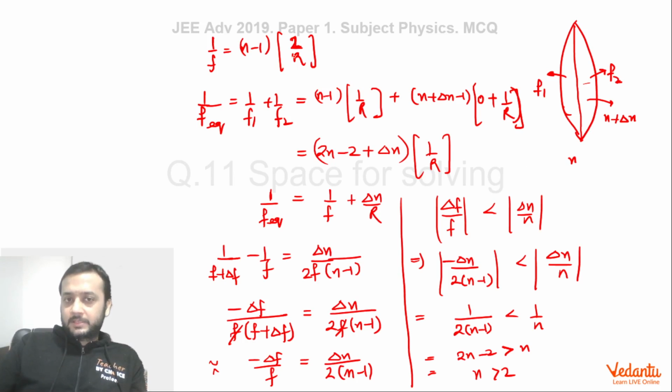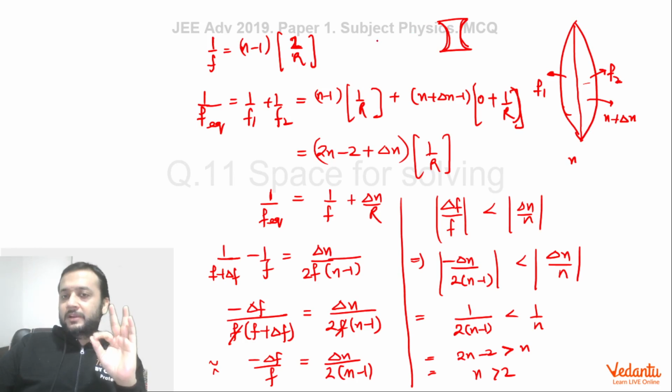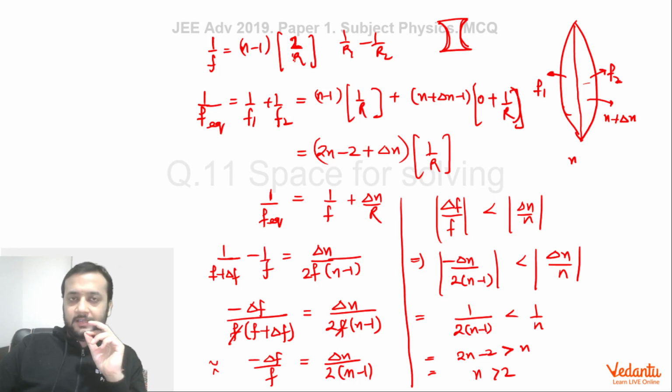Basically, if we would have used concave lenses, please follow what I'm saying. If we would have used a concave lens, then here we would have gotten minus r, correct? Because 1 by r1 minus 1 by r2, where r1 is negative and r2 is positive. So overall this quantity would have become negative, right?